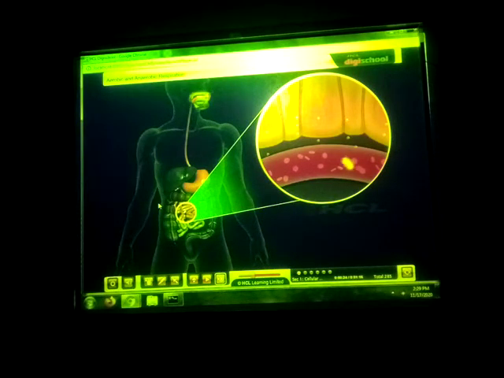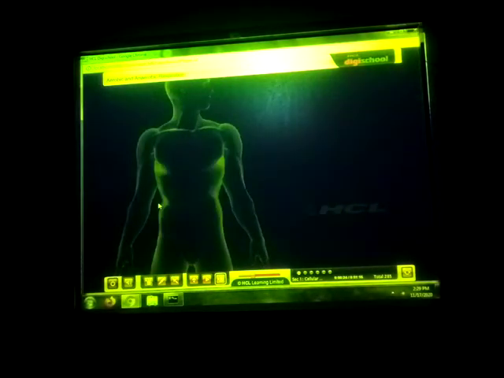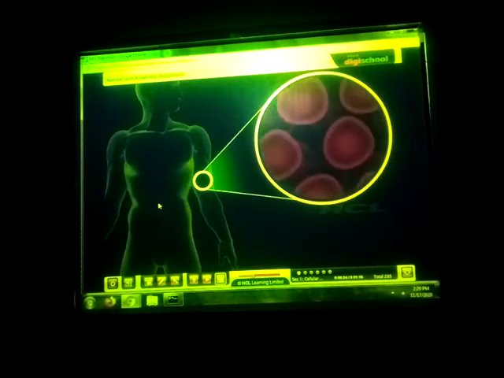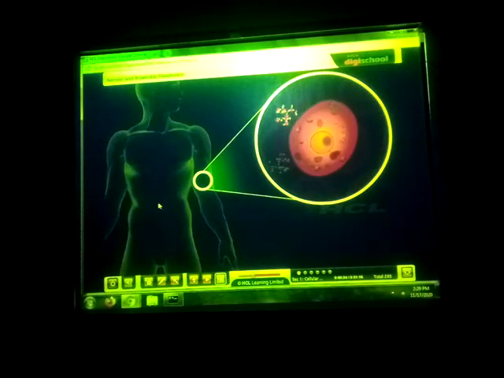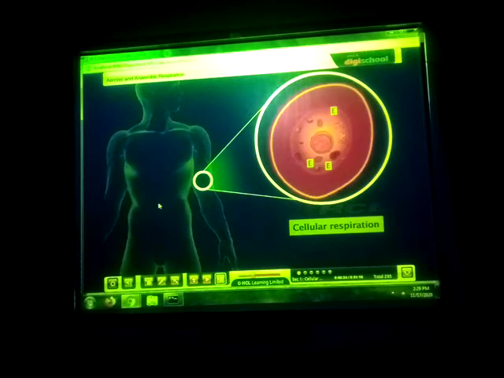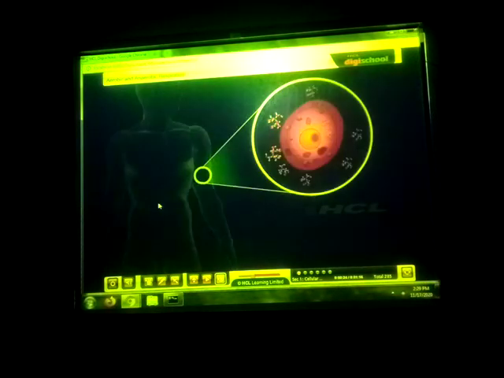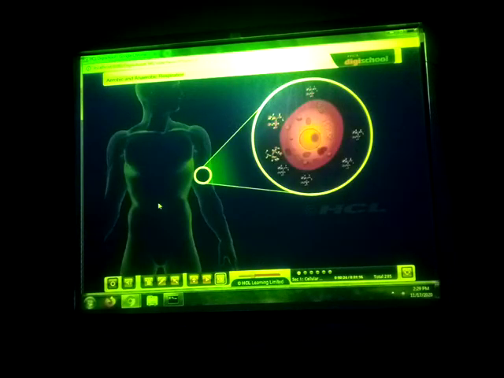Our body produces glucose from food. And then, in each cell, the glucose is broken down to produce energy. This process is called cellular respiration. Let us now see how glucose is broken down during cellular respiration.